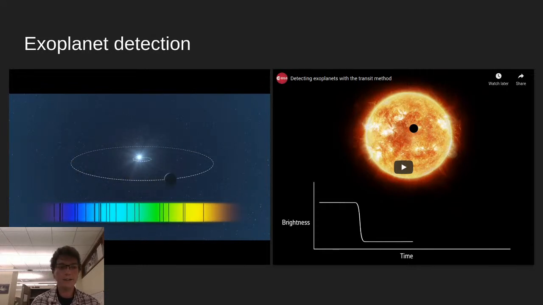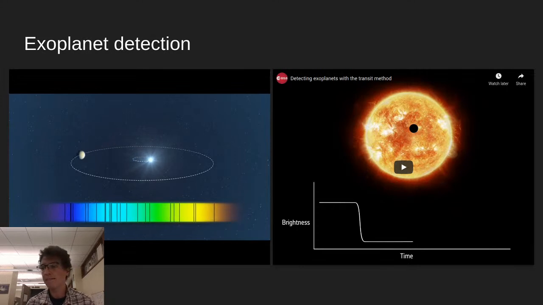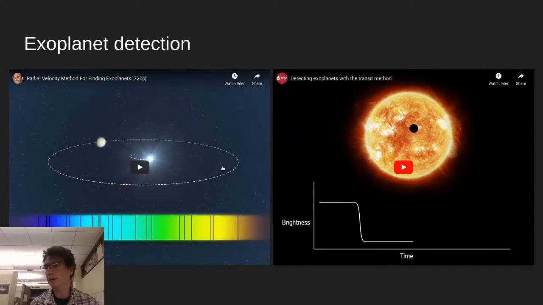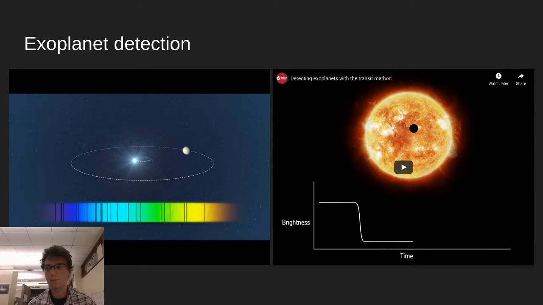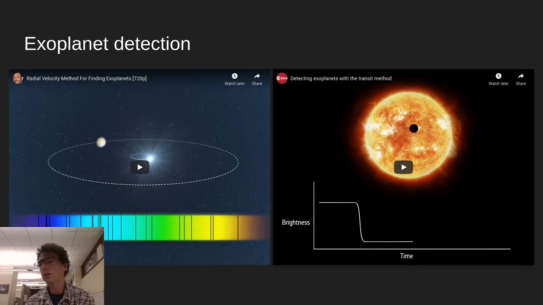So the main way that we detected these planets at first was something called the Doppler technique, or the wobble method. And the idea here is that it's based fundamentally on Newton's laws. So we can think about the sun's gravity pulls on the Earth, and that's what causes the Earth to orbit the sun. But for every action, there's an equal and opposite reaction. And so we could equivalently talk about the planet pulling on its star.